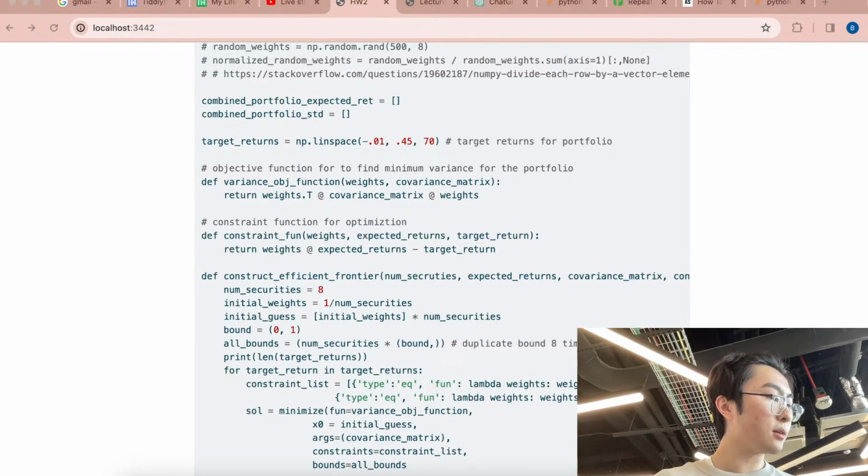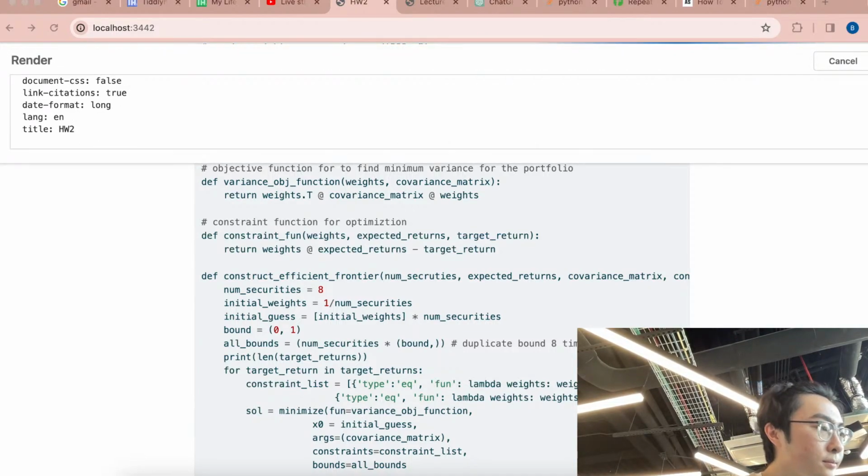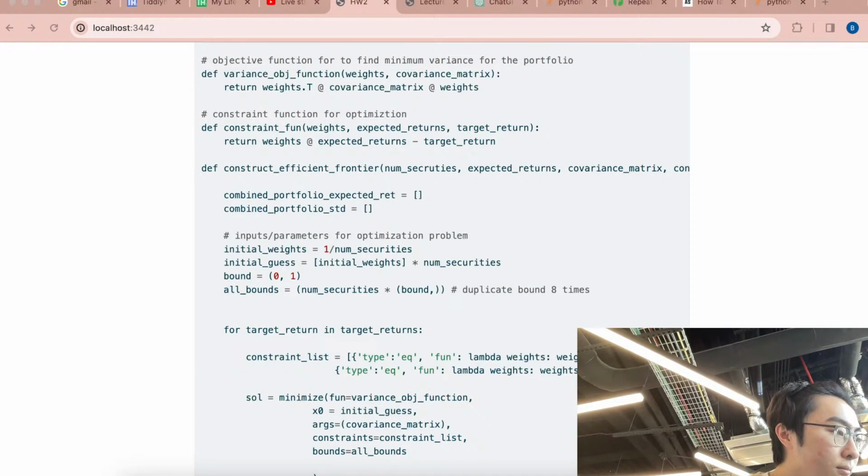Inputs slash parameters for expected returns.